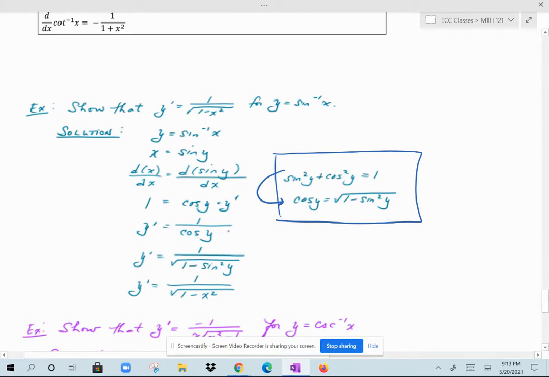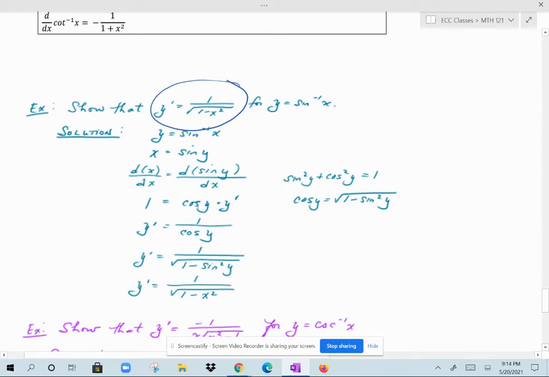So I am replacing this cosine of y with what the right side says here. But I know that sine of y is equal to x. We stated that originally. So when I replace sine of y with x, you'll get that the derivative is 1 over the square root of 1 minus x squared, which is exactly what we wanted to prove.